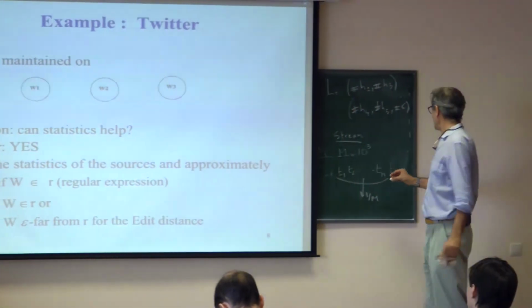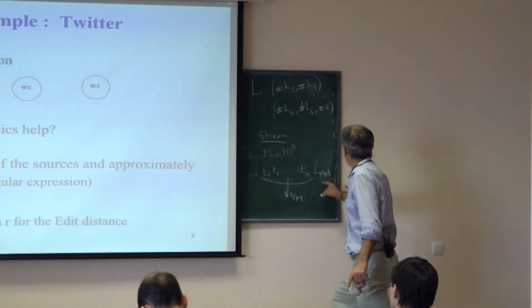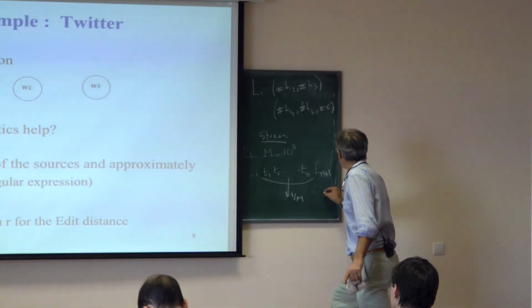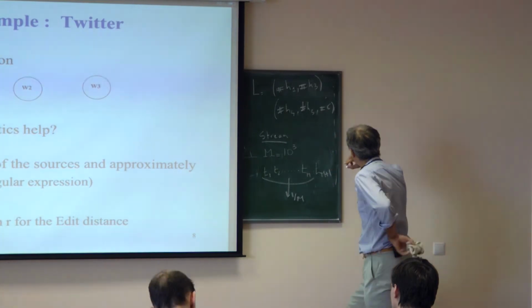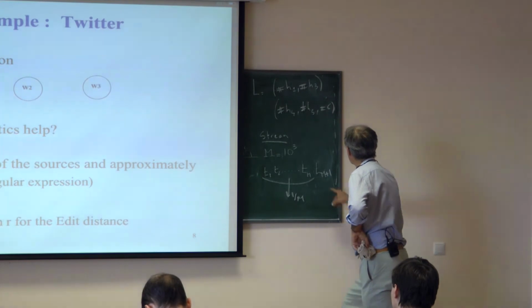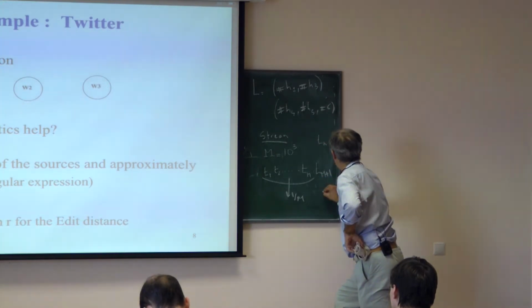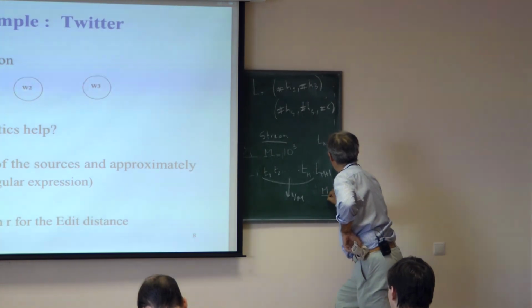So you have to take this one with probability, if you imagine that this is T sub n, m over n.